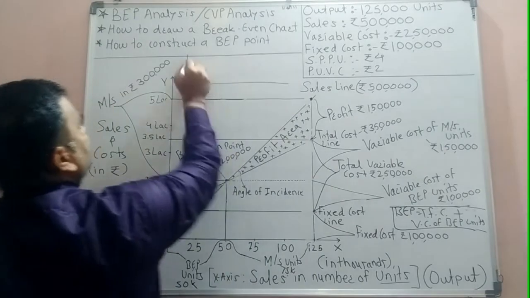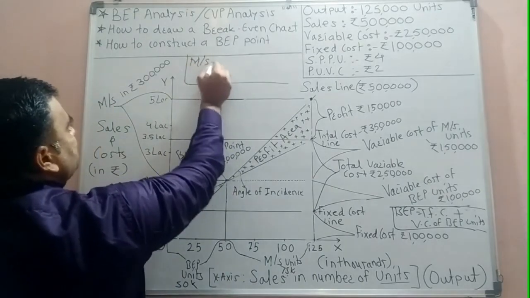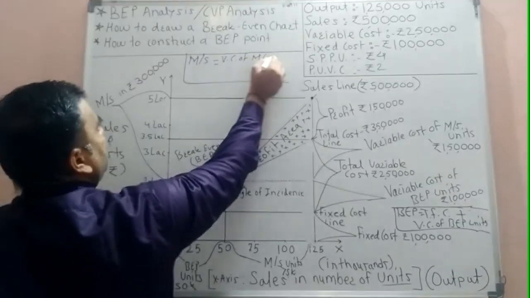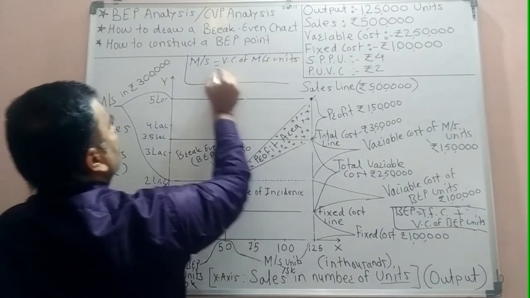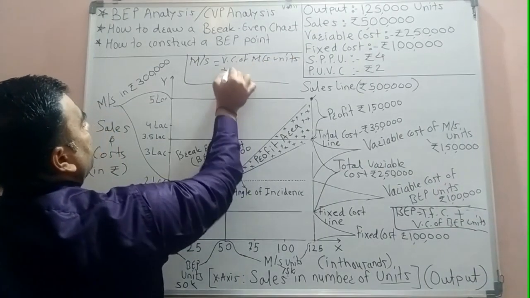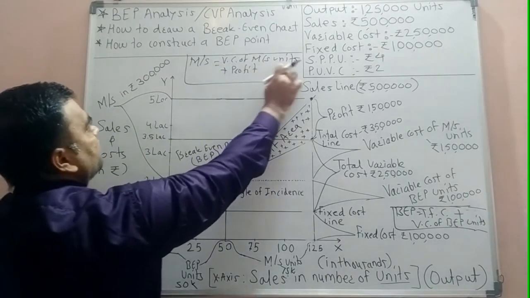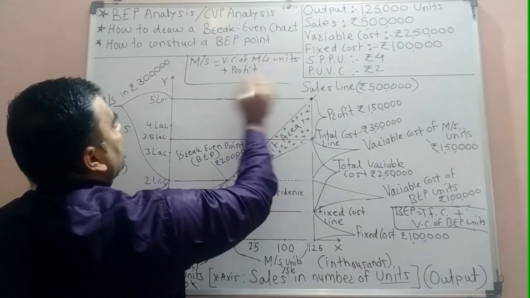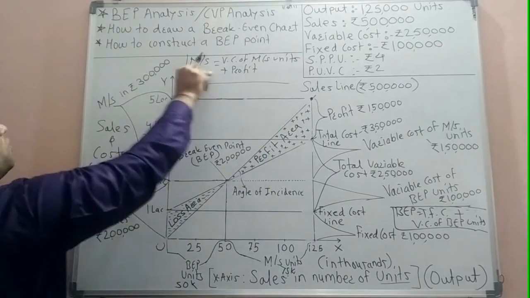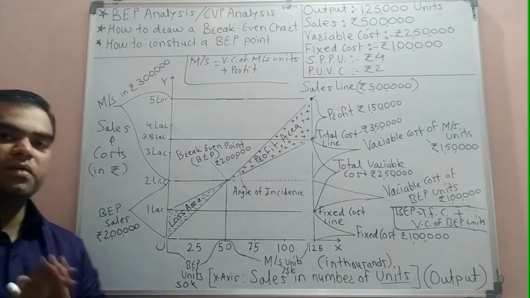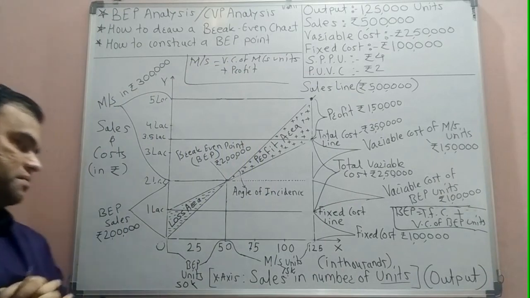So the contents of margin of safety sales are variable cost of margin of safety units plus profit. Margin of safety is nothing but the part of sales.